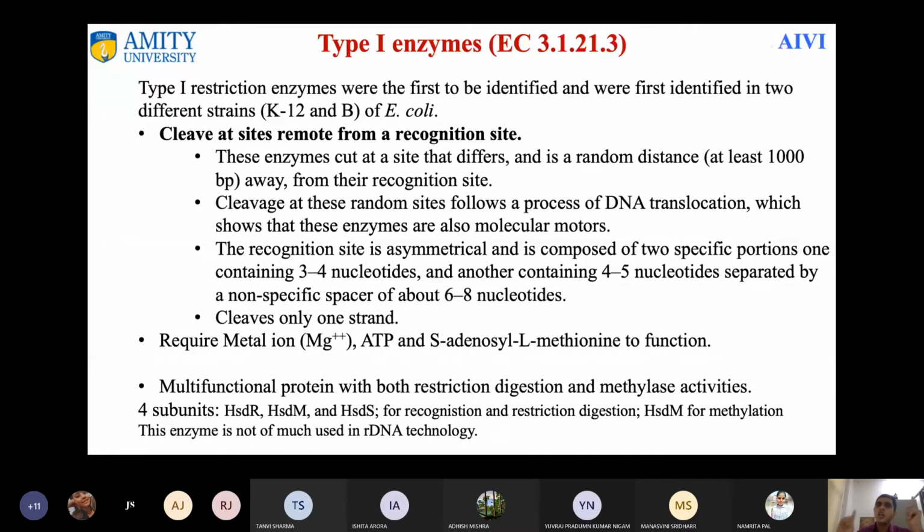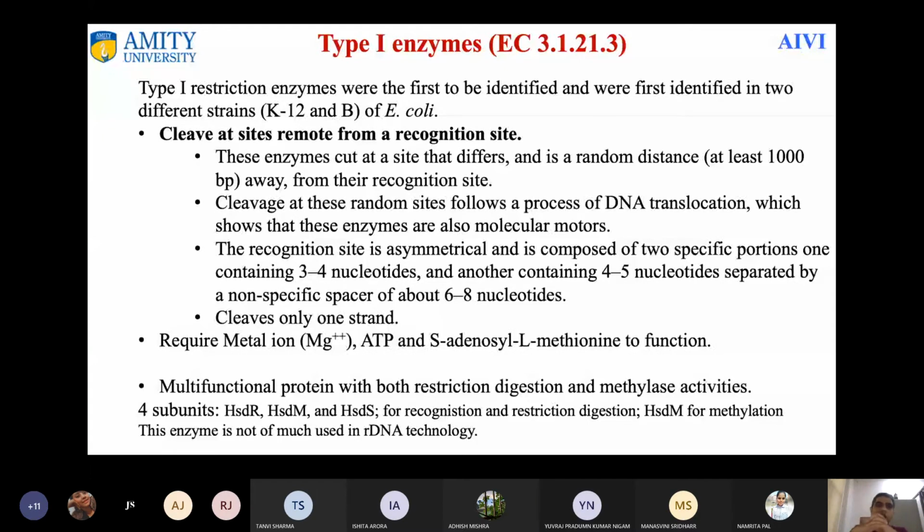If recognition is not there, it is not going to produce a cut, but the cut location may be a bit random. It produces the cut at least 1000 base pairs away. Like if your recognition site is in Noida and you produce the cut in Gurgaon, that is the kind of thing. So 1000 base pairs away, it is producing the cut.